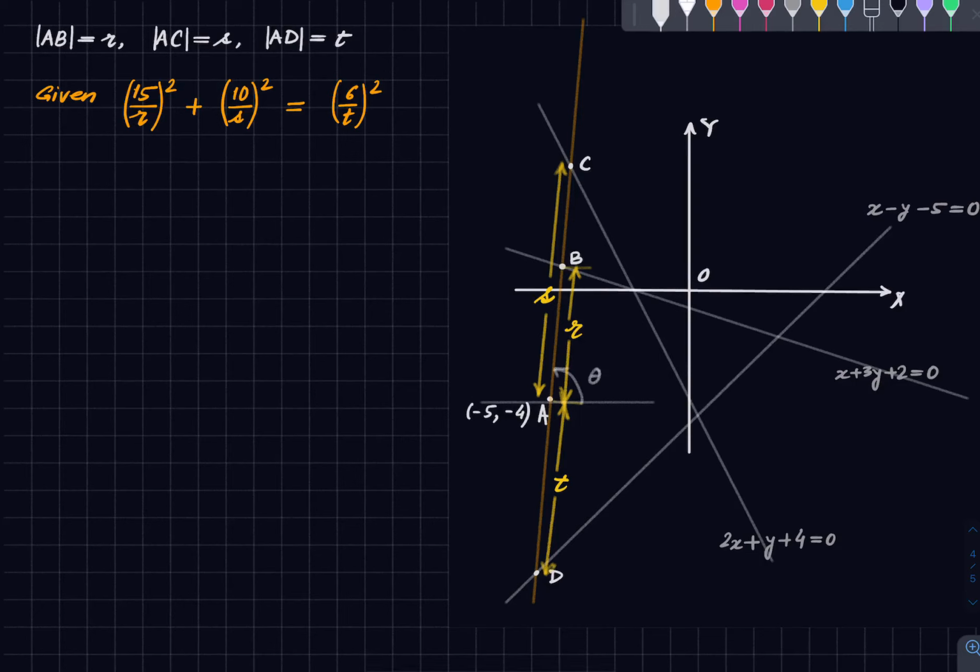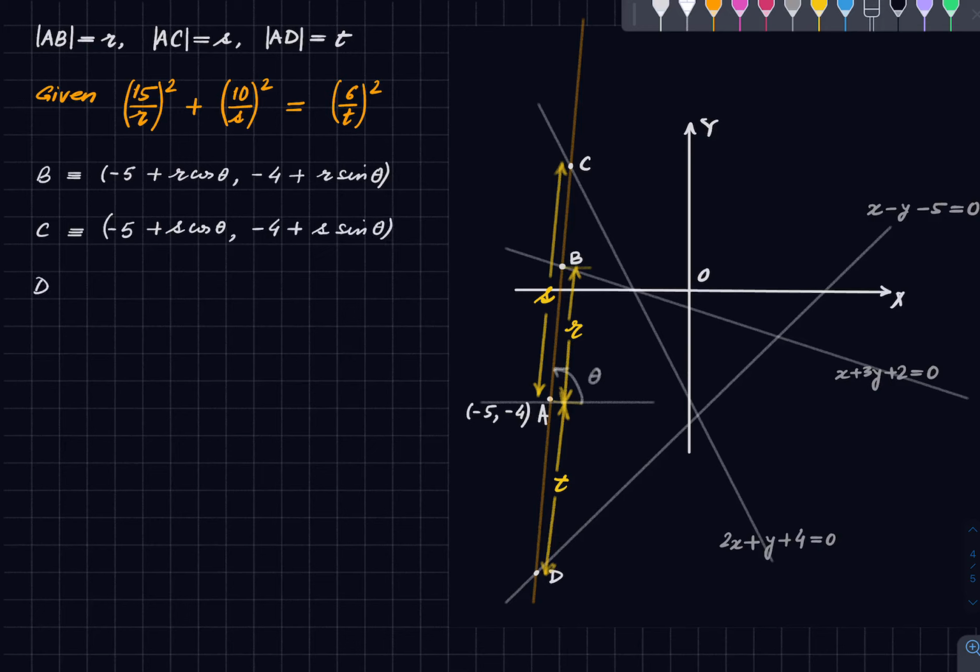The coordinates of the point B then become minus 5 plus r cos theta, minus 4 plus r sin theta, right? For the point C, we have minus 5 plus s cos theta, comma minus 4 plus s sin theta.